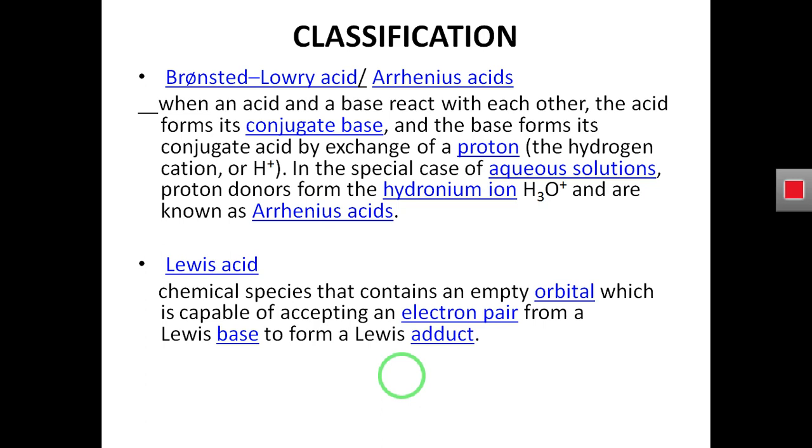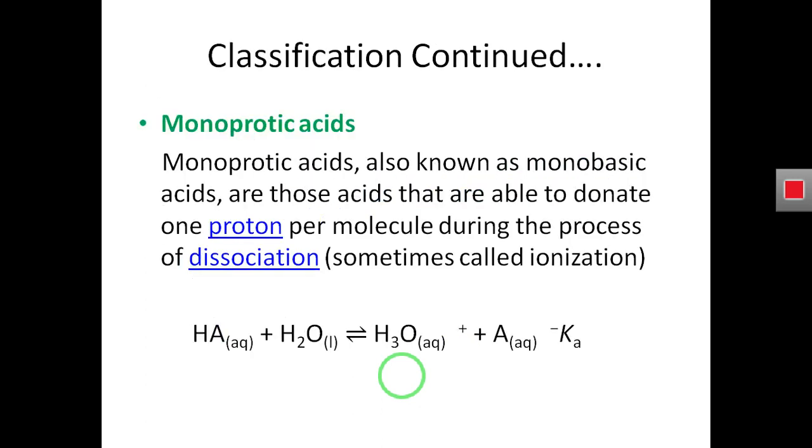An Arrhenius acid makes a conjugate base, and the Lewis acid is capable of forming a Lewis adduct. So this is the difference between the Arrhenius acid and Lewis acid and the classification of acid.